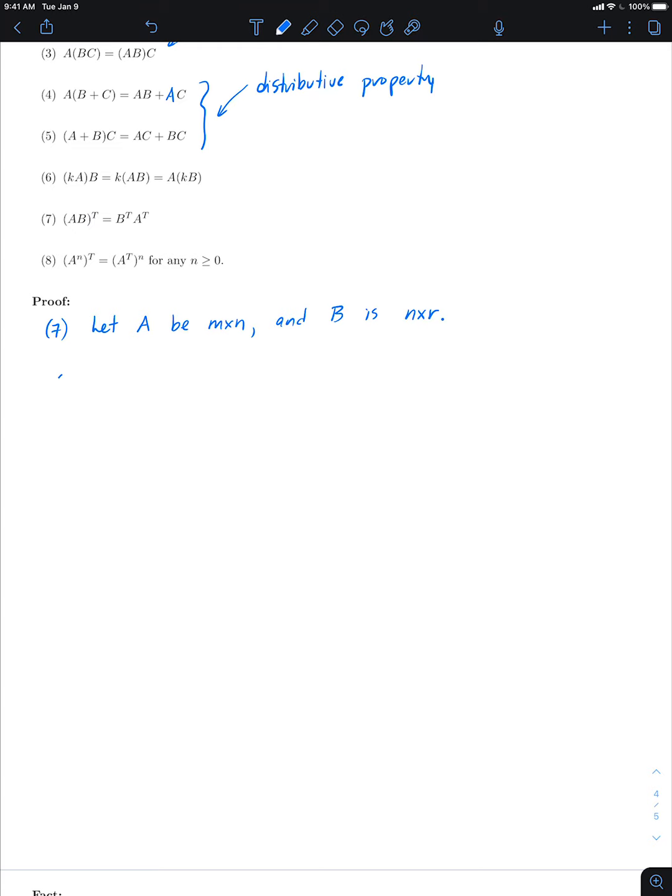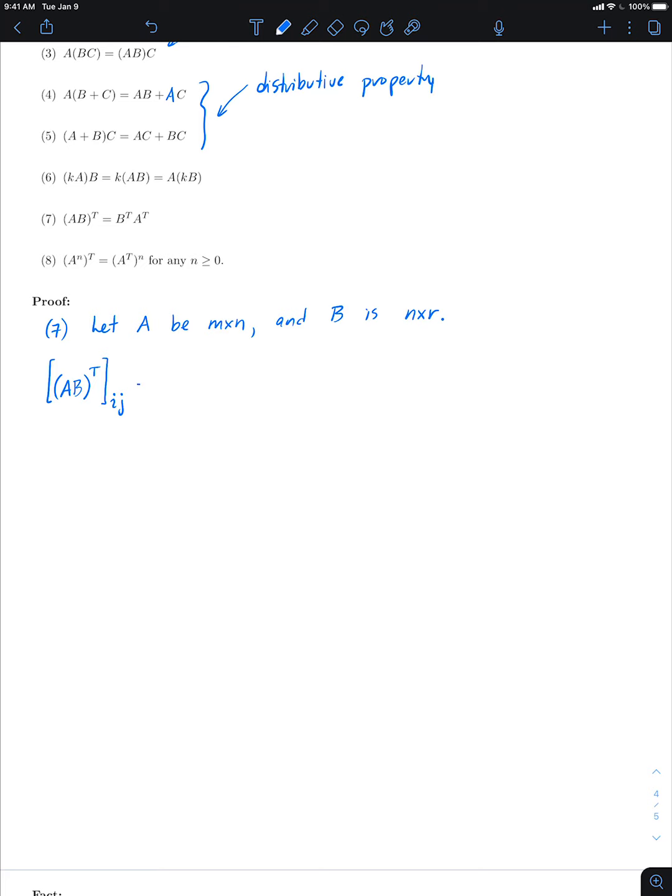Okay, so let's say we take AB and transpose it. So this is the matrix on the left-hand side of the equation. Let's take the entry from that matrix in the ith row and the jth column. Well, first things first, the outermost operation, the first thing you're going to see if you're looking from the outside in, is that transpose.